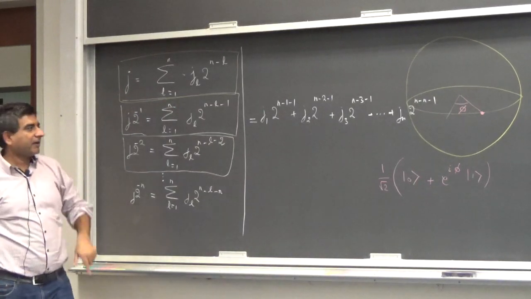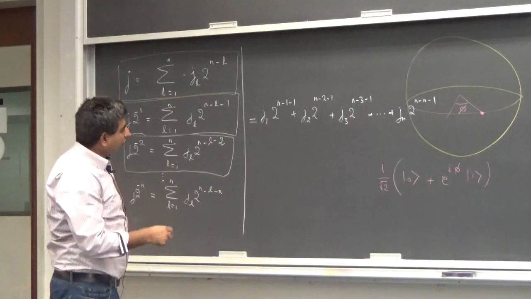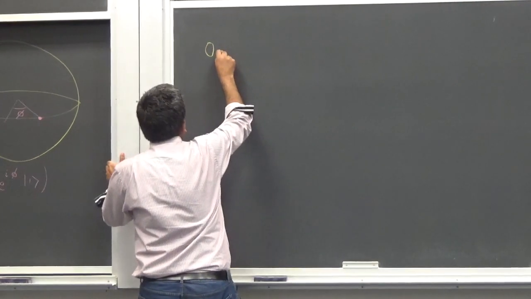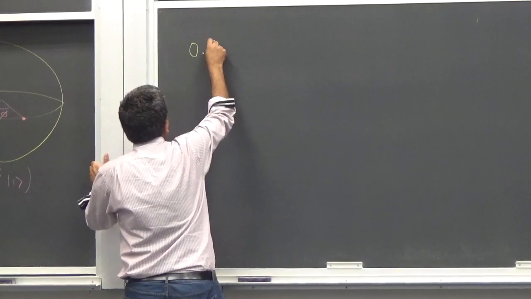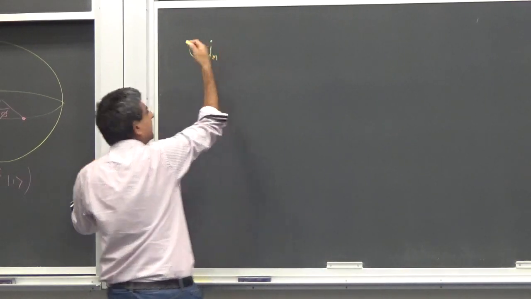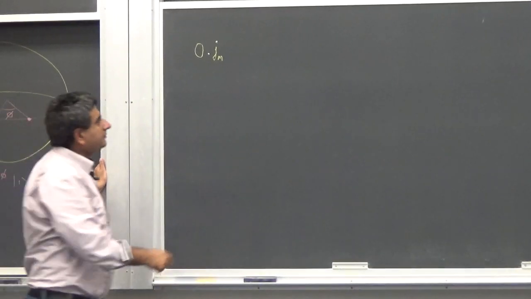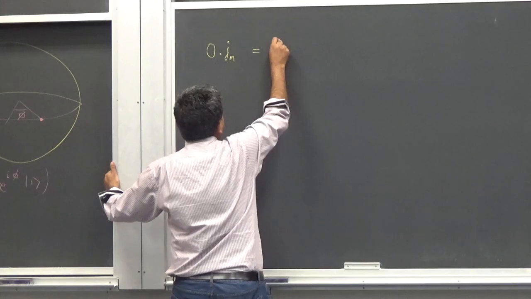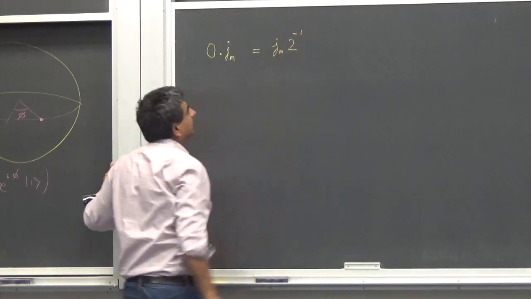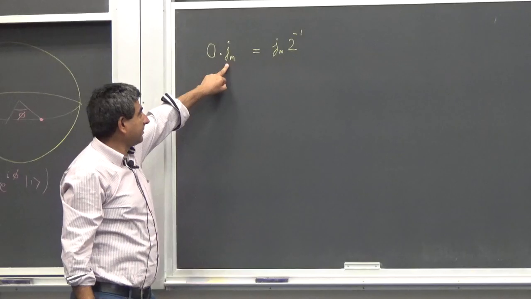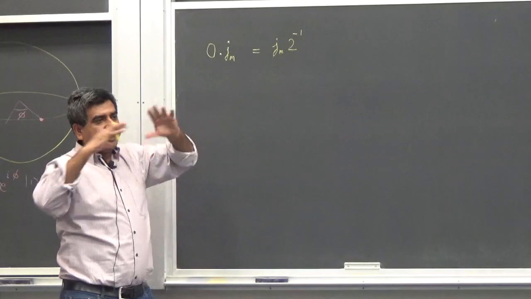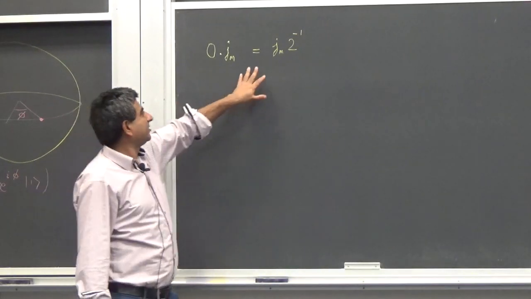This is how I convert a binary sequence, the J_Ls, into an integer. If you remember from our previous lecture, we also had another definition in front of us. So let me move to this piece of the blackboard. If I were to write 0 dotted with J_m, say some m, this really means this is a notation to express this thing, J_m 2 raised to power minus 1. So I just take this number 0 or 1 and divide it by 2, and I get a fractional representation of J_m.